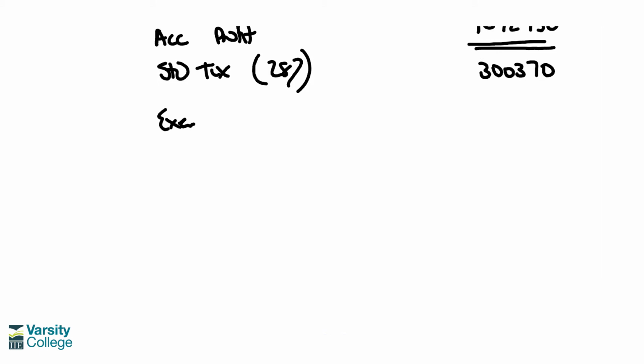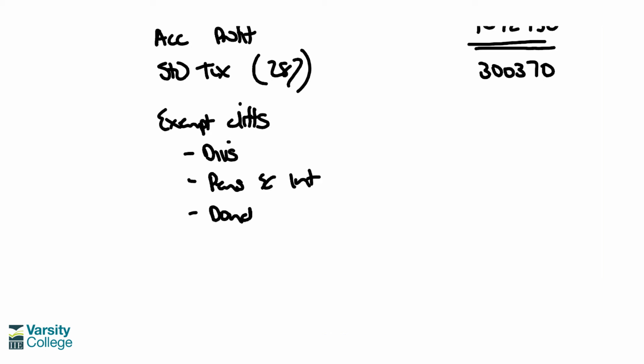Start with your exempt differences. And it is just a case of going to part 2 of the required and pulling through your four exempt differences. So dividends, penalties and interest, donations, and fair value adjustments. And this is really marks for jam because it's so easy. Again, no abbreviating.